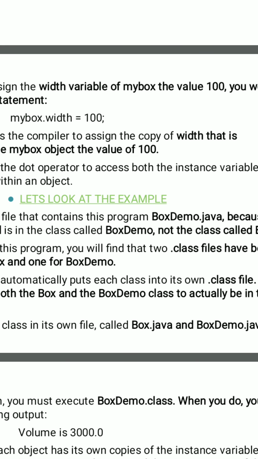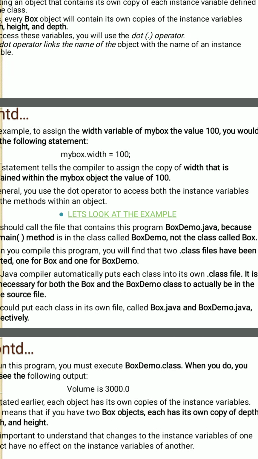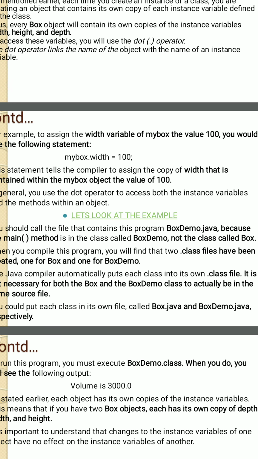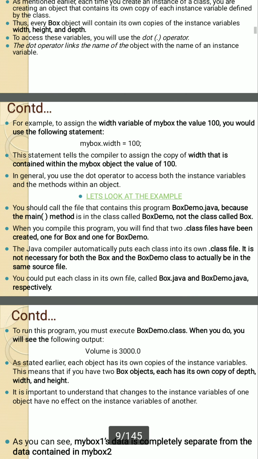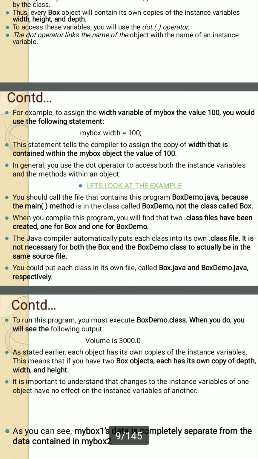We know that you always have to choose the Java file name as the class name which has the main method. The main method is inside the BoxDemo class, so we choose this name for the Java file. When you compile this program, you will find two .class files.